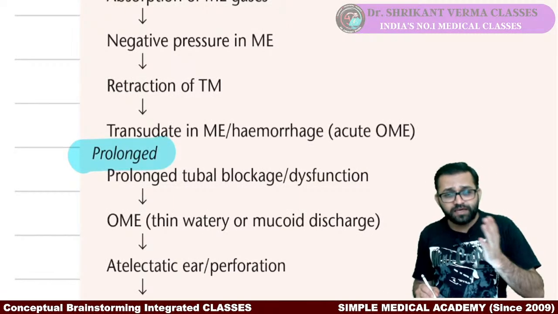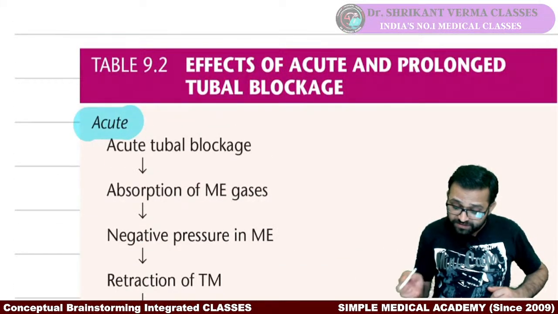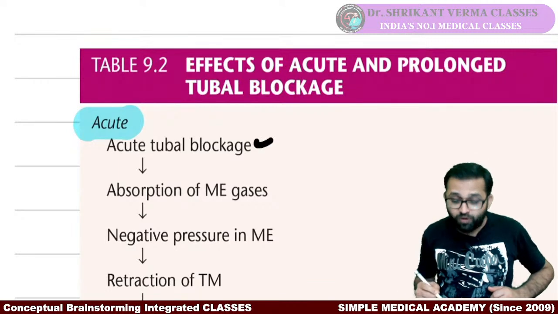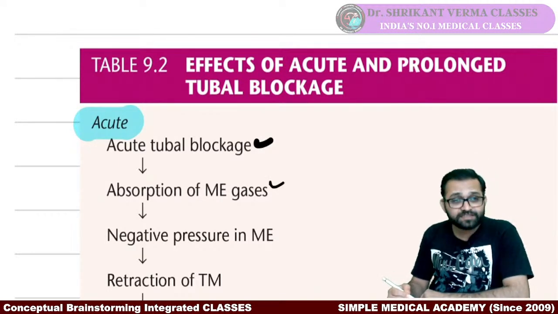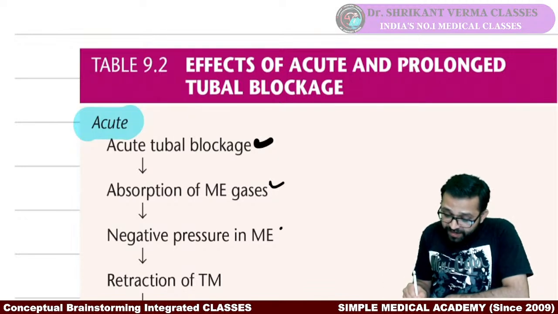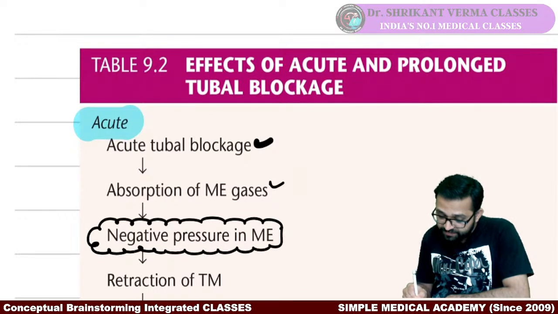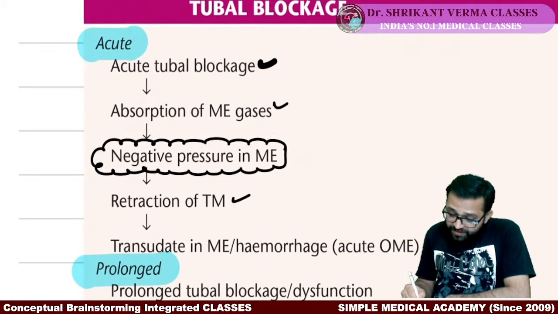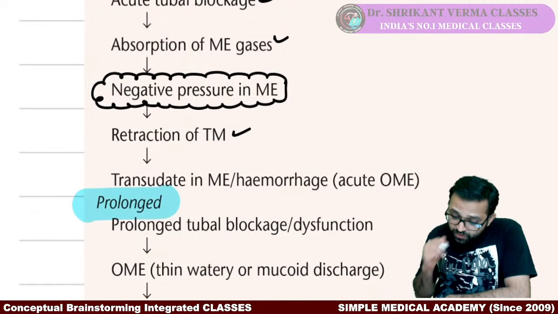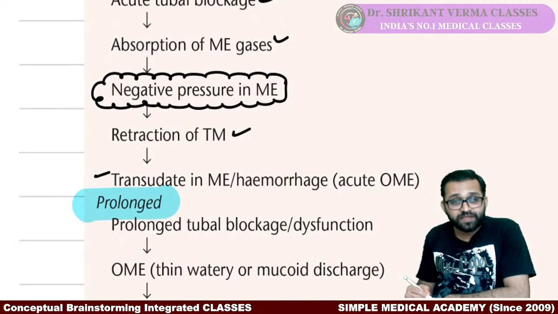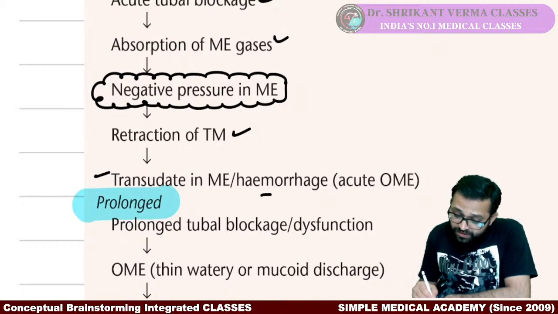Yes, exactly, one is an acute condition, one is a chronic condition. In acute tubal blockage, it suddenly gets blocked. Absorption of the middle ear gases, correct, we had seen. Negative pressure in the middle ear cavity leads to retraction of the tympanic membrane. Now it leads to transudation, exudation, and even sometimes acute hemorrhage.